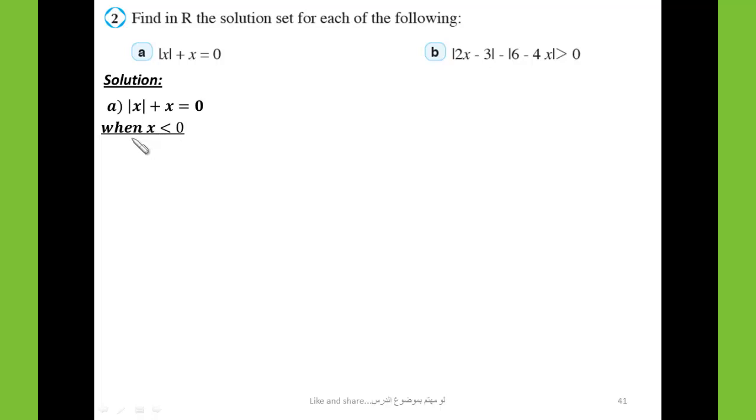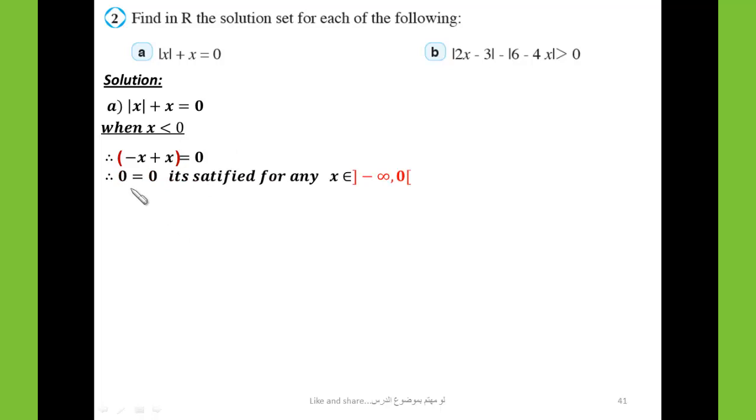So we start when x is less than 0. Again, absolute of x equals negative x. So we have negative x plus x equals 0. So negative x plus x is equal to 0. So 0 equals 0 in this interval.